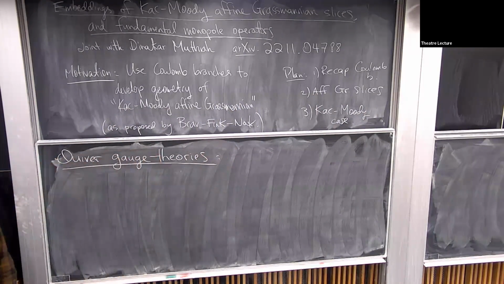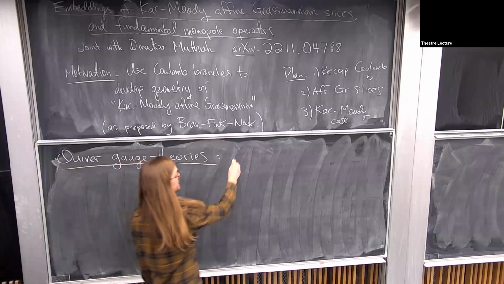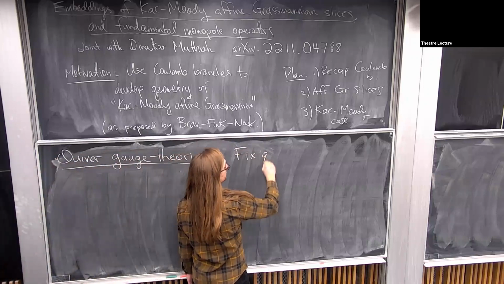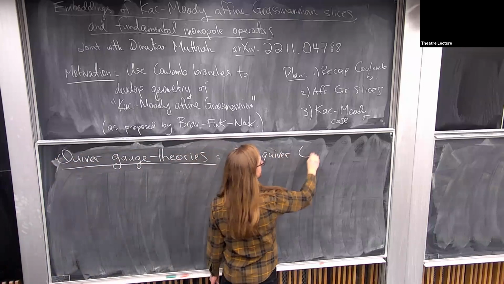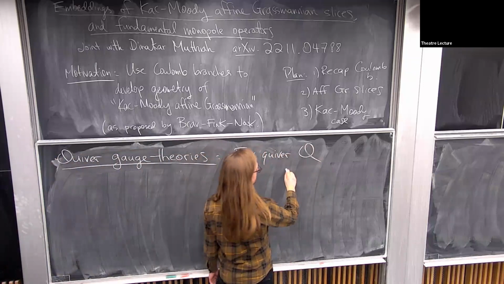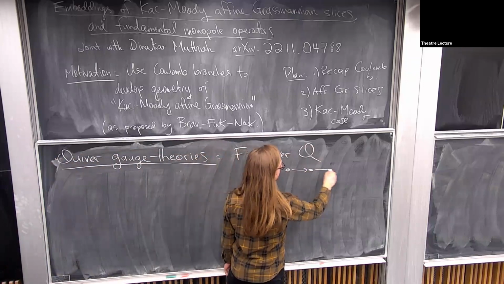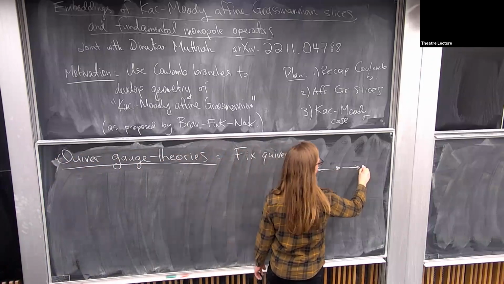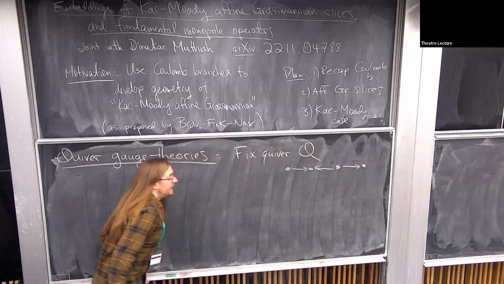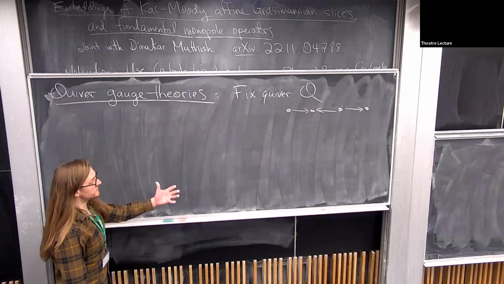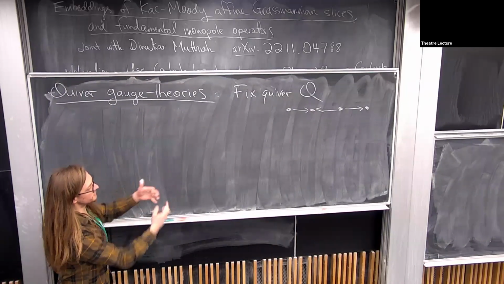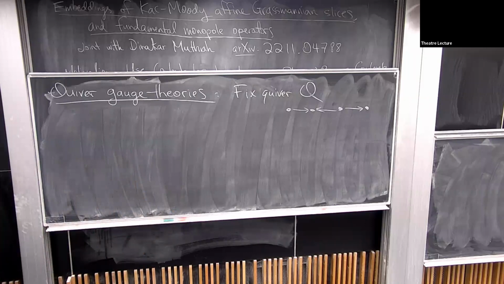So here we fix some quiver, say Q. Just as an example, usually some oriented Dynkin diagram is what you should have in mind. And like in the construction of Nakajima quiver varieties, we incorporate some dimension vectors.